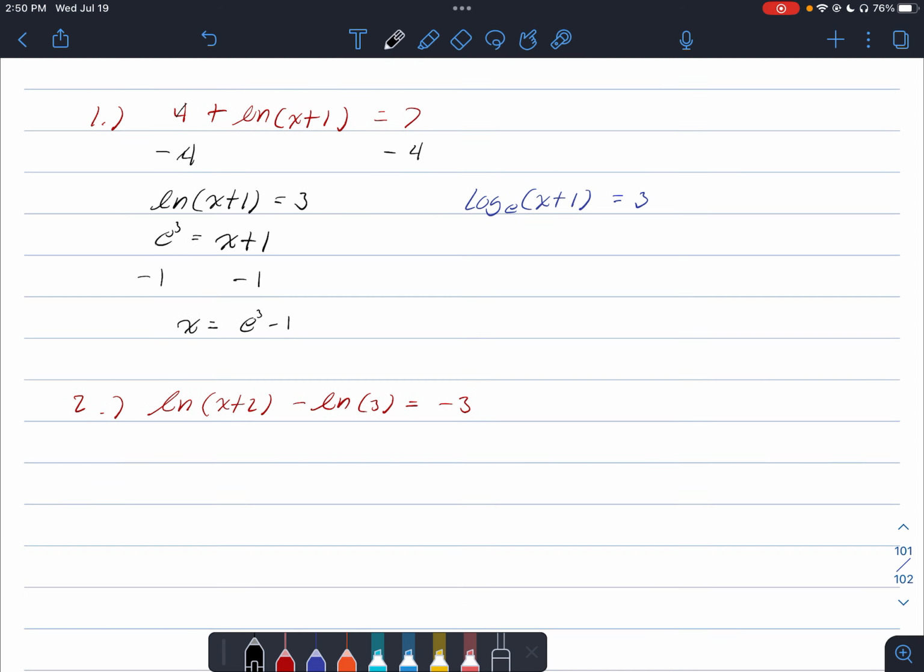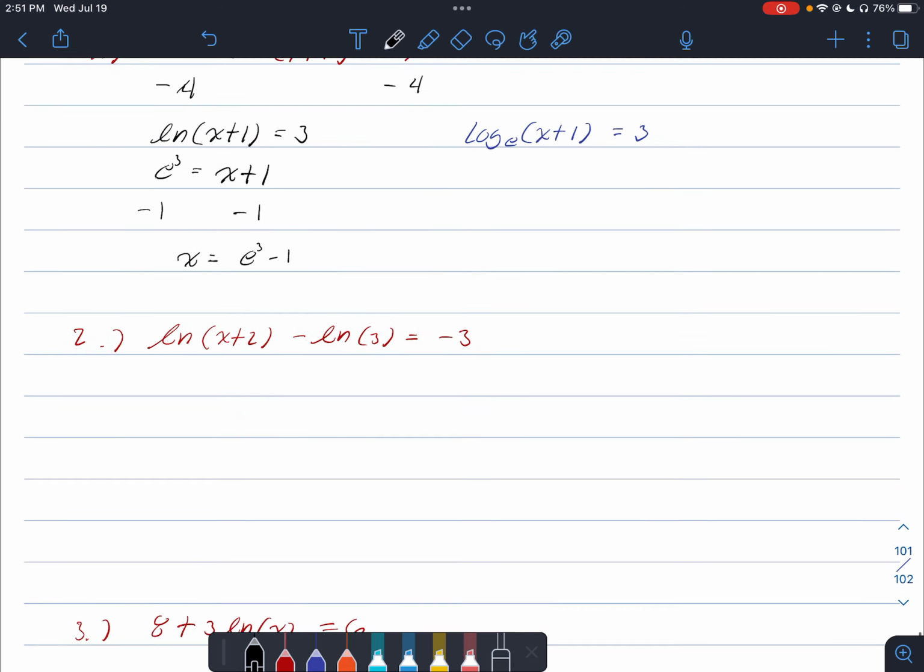So if we put that in a calculator, we will have the following. If we have e to the 3 minus 1, we'll end up with 19.09-ish.